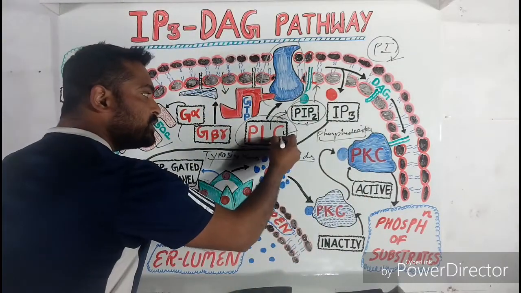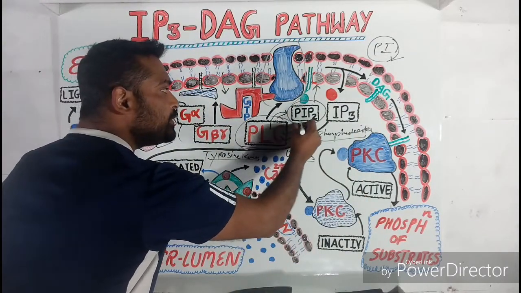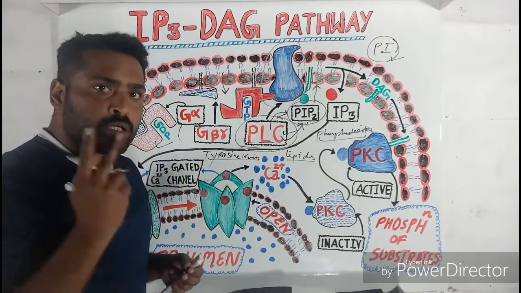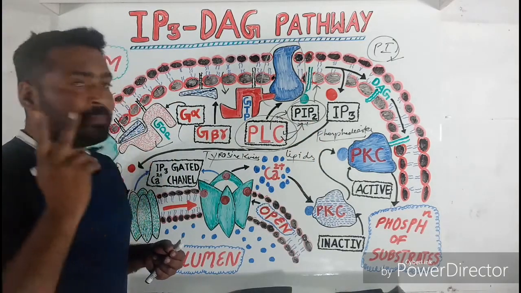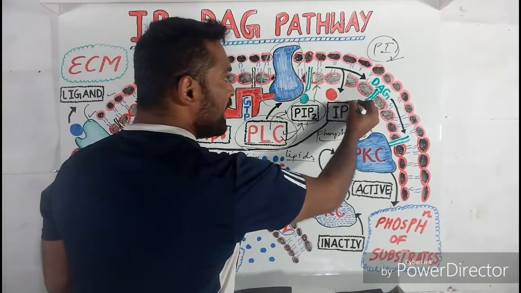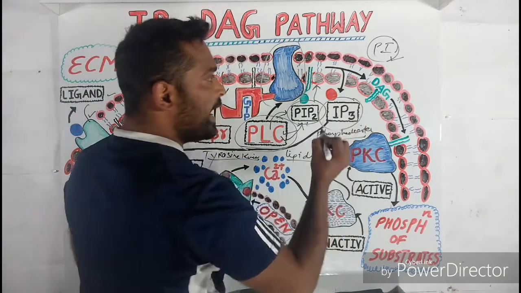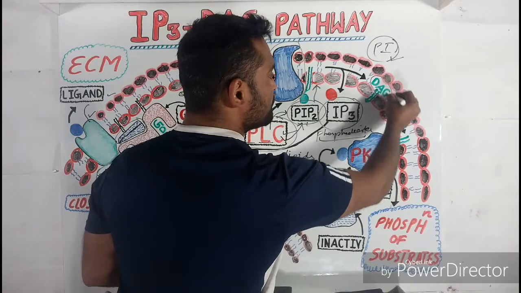Now the action of this PLC on this PIP2 produces two other second messengers which are known as IP3 and DAG.